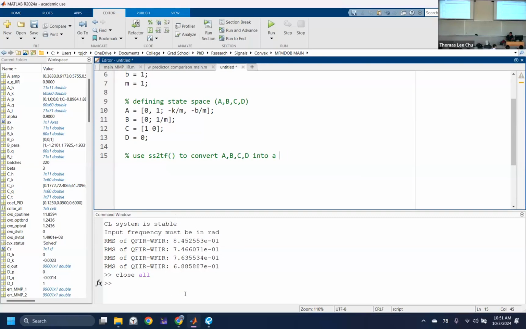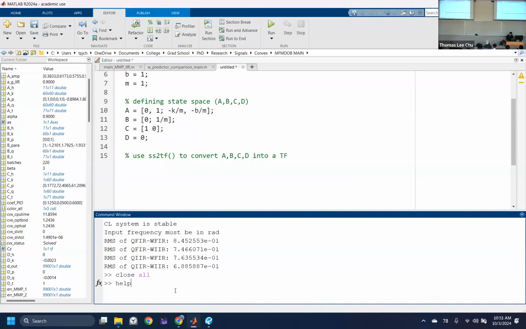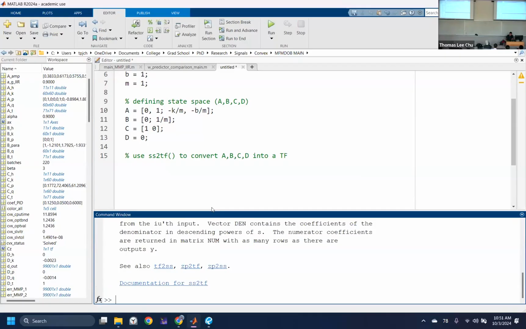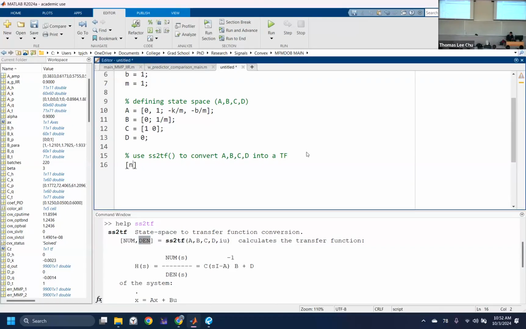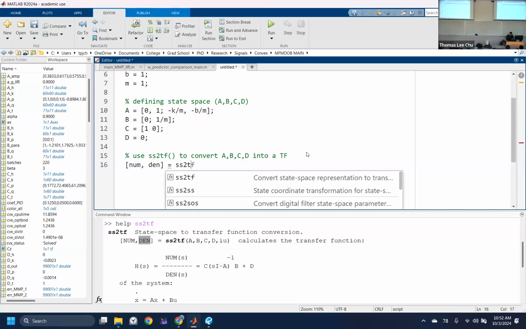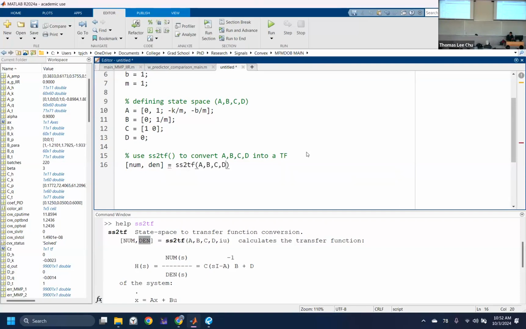And if you do help ss2tf, it'll give you documentation on how this works. So you recognize that equation there. That's our state space transfer function equation. And the output is actually the numerator and denominator coefficients. So basically, I want to use num, den equals ss2tf of A, B, C, D.